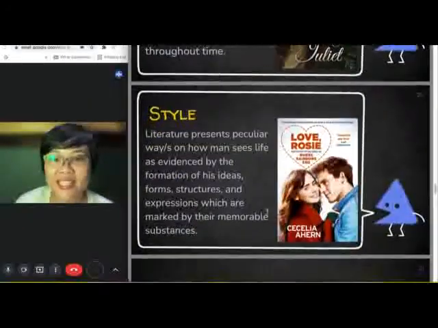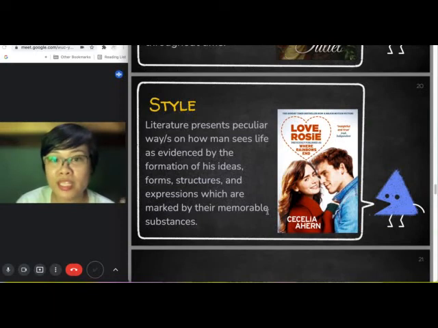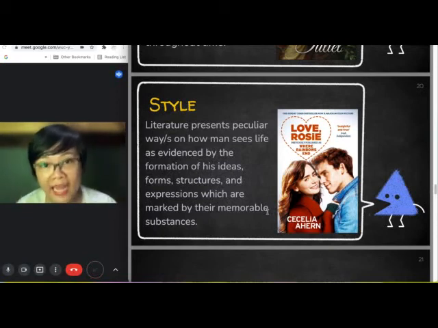Okay. The next is style. Literature presents peculiar ways on how man sees life, as evidenced by his ideas, and style can also be found in the way the author delivers his story. And one great example is the contemporary novel entitled Love, Rosie by Cecilia Ahern.